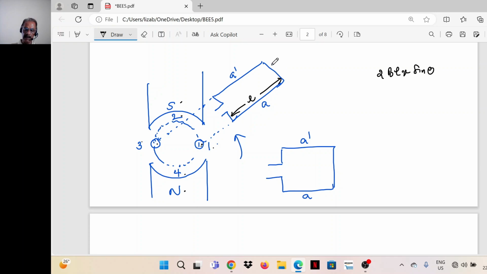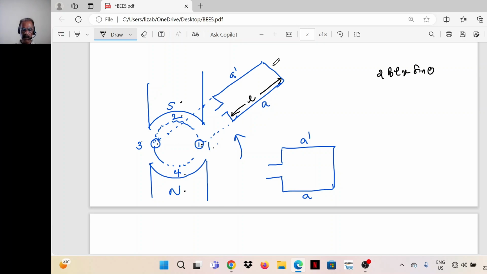This is the end connection, which is not considered. So L is the length of the conductor in the magnetic field, V is the linear velocity of the conductor, and theta is the angle between the flux density vector and the linear velocity vector.